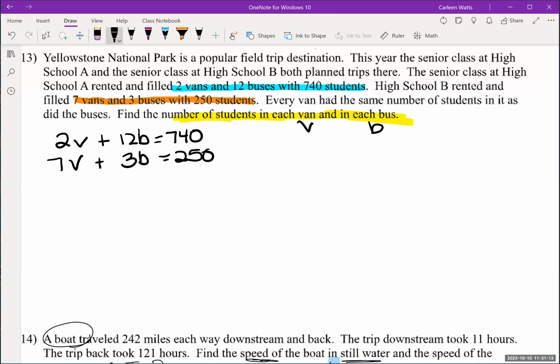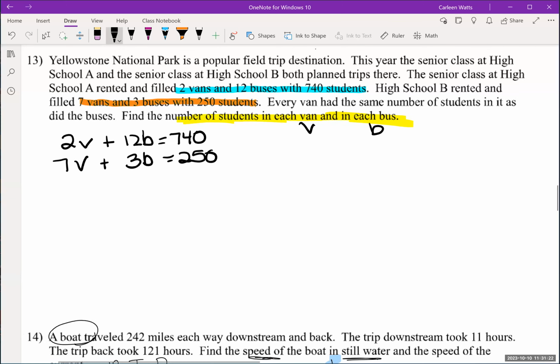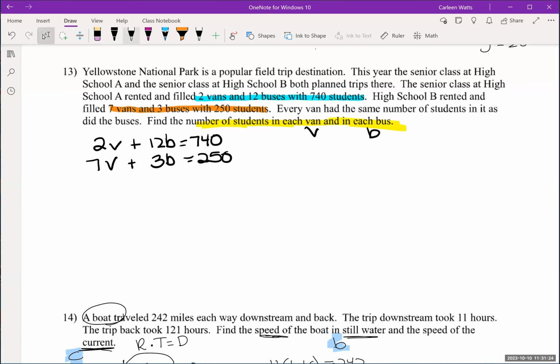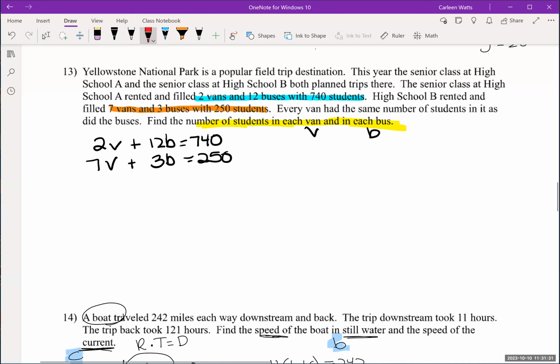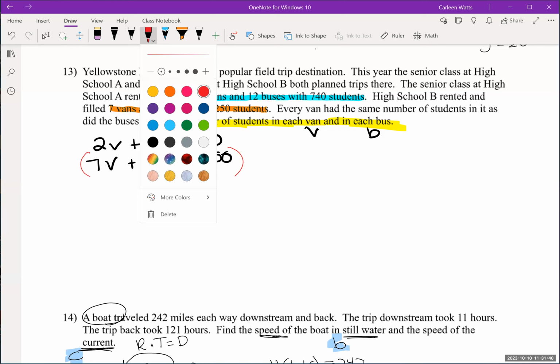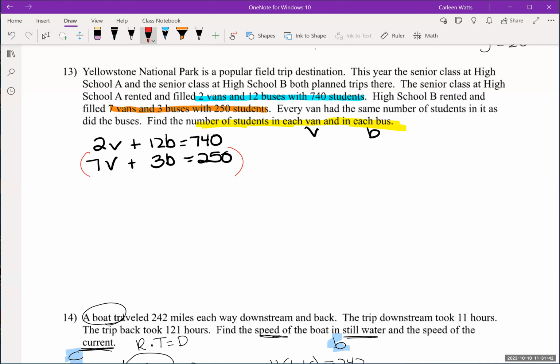Okay, nice, friendly elimination problem. Which variable would be the easiest to cancel? B. Yeah. In order to cancel B, I need to multiply the bottom equation by -4.